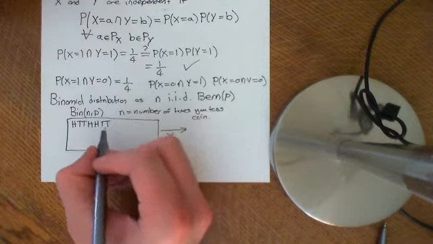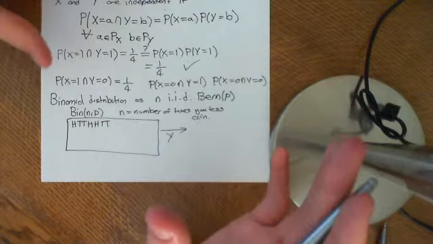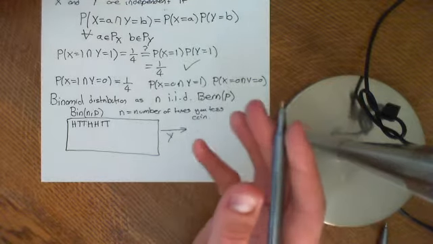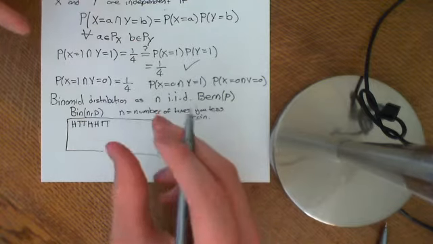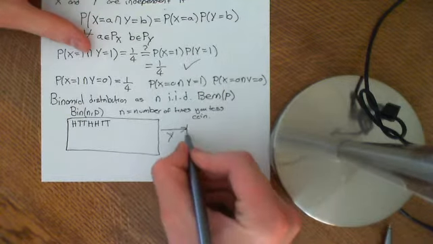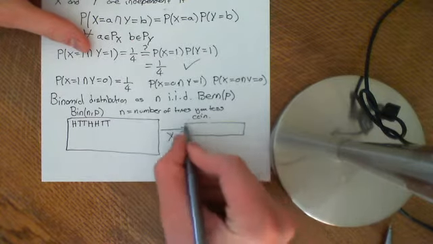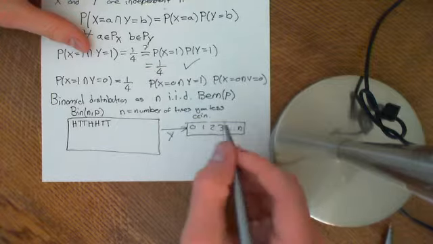So let's have the event that you get 0 heads, the event that you get 1 head, the event that you get 2 heads, all the way up to n heads. And then we map each of those events onto the number of heads that it corresponds to, so we map it onto 0, 1, 2, 3 all the way up to n.